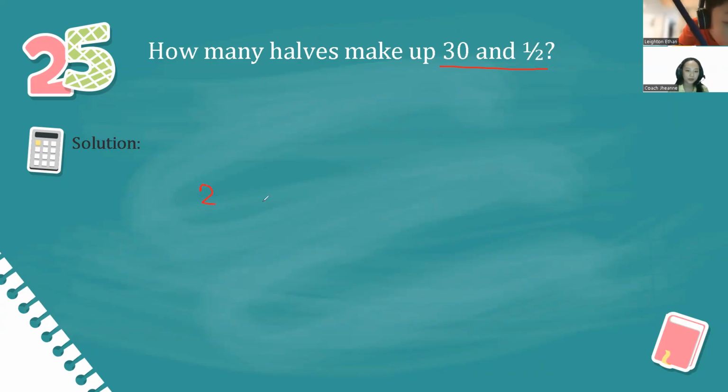So 2 multiplied by 30, that is 60. But it's stated here that it has an additional 1/2. So that is another one. Okay, so 60 plus 1 is 61. Okay, the answer is 61.